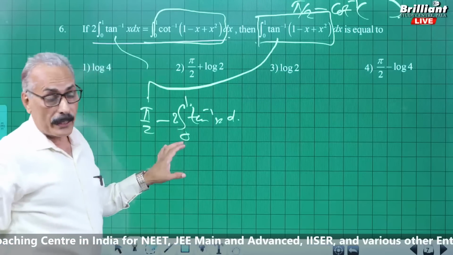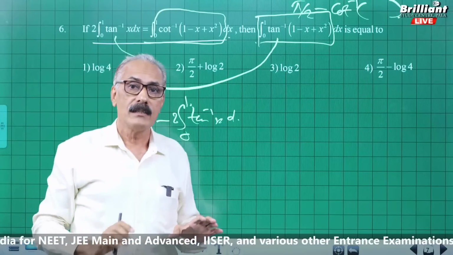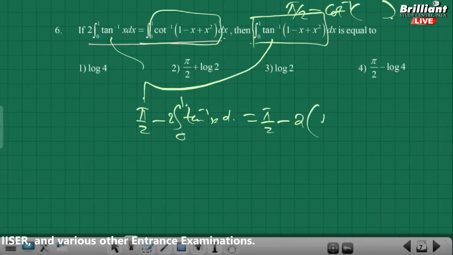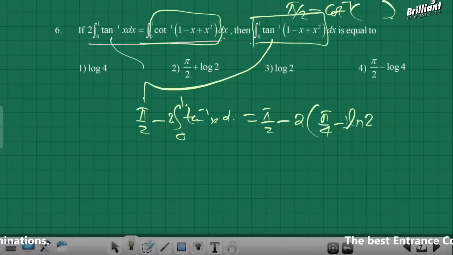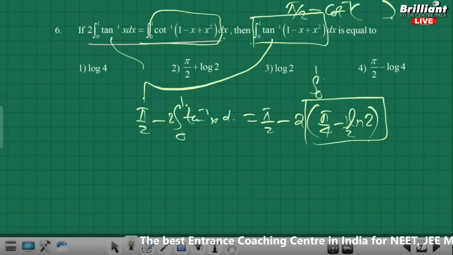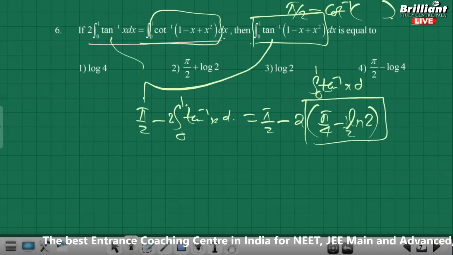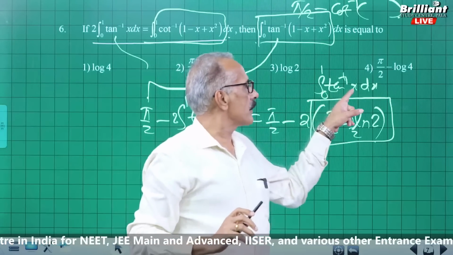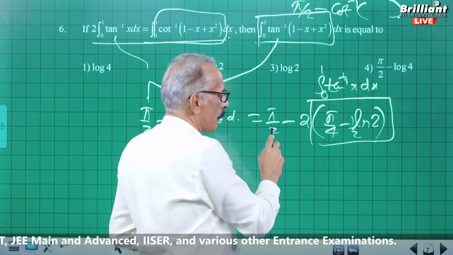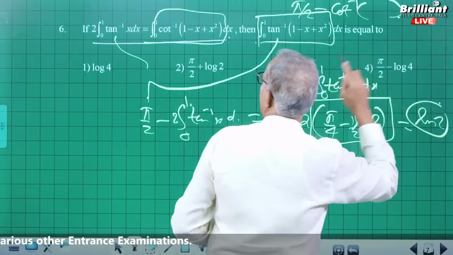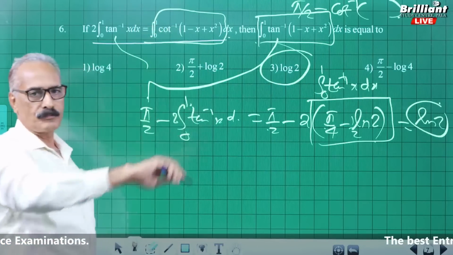You know integral 0 to 1 tan inverse x: this will become pi by 2 minus 2 times (pi by 4 minus half log 2). This is the answer of integral 0 to 1 tan inverse x dx. You must remember and keep it as a formula. Opening the bracket, pi by 2 cancels, and you got the answer log 2. That's your answer. Now I'll solve.